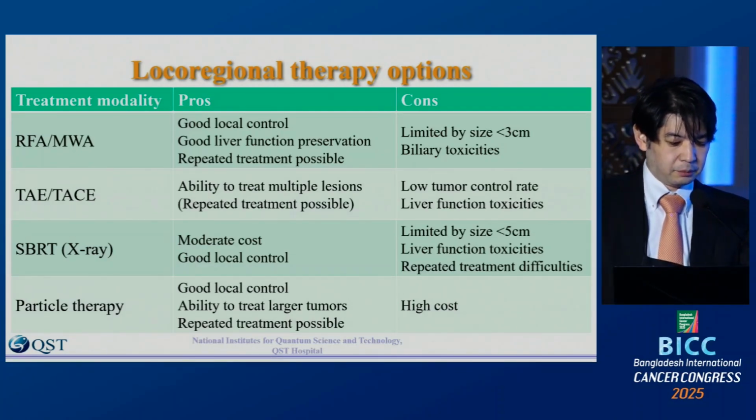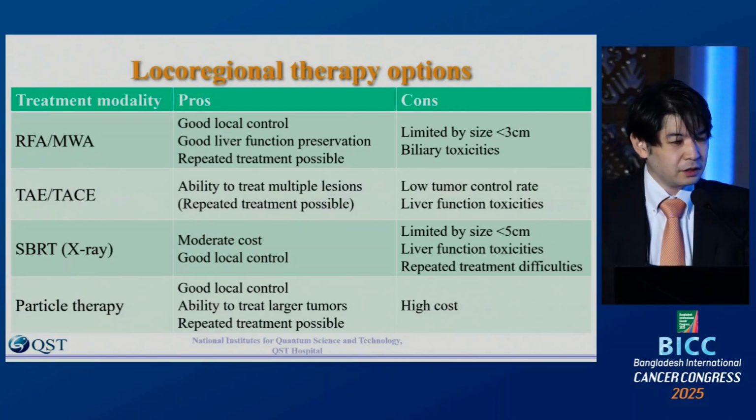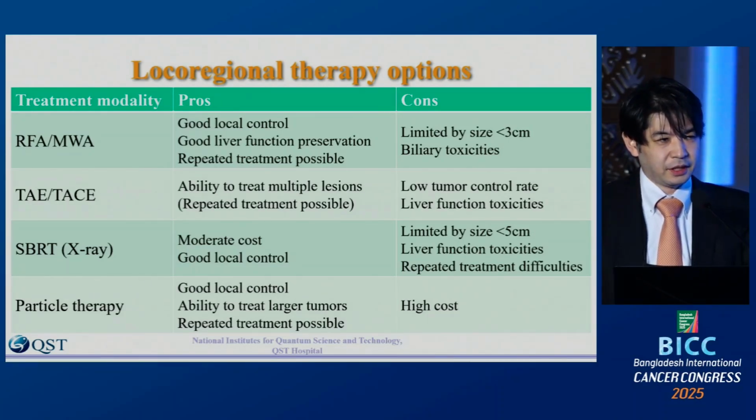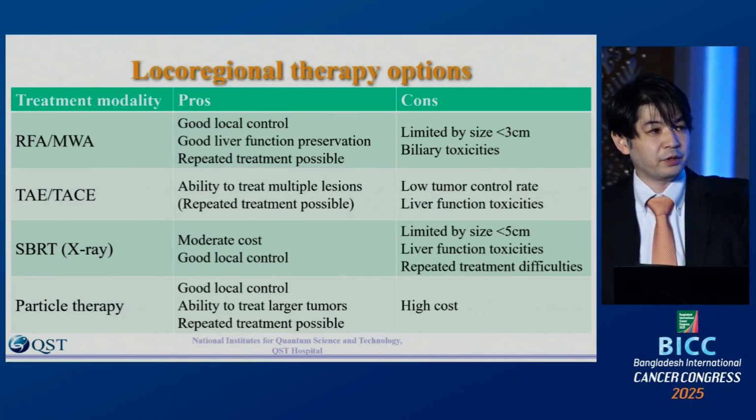That's where radiotherapy comes in, SBRT and particle therapy. Actually, particle therapy for HCCs came before SBRT as the definitive radiotherapy option for HCCs. In the 1980s, a team from Japan wanted to treat HCCs with radiotherapy and came up with proton therapy.